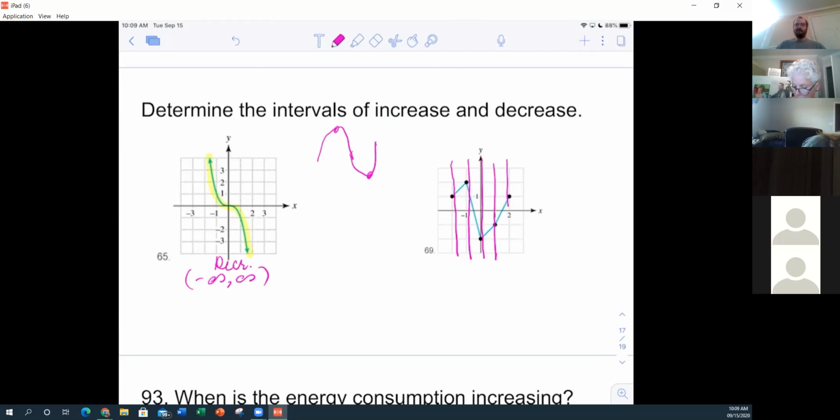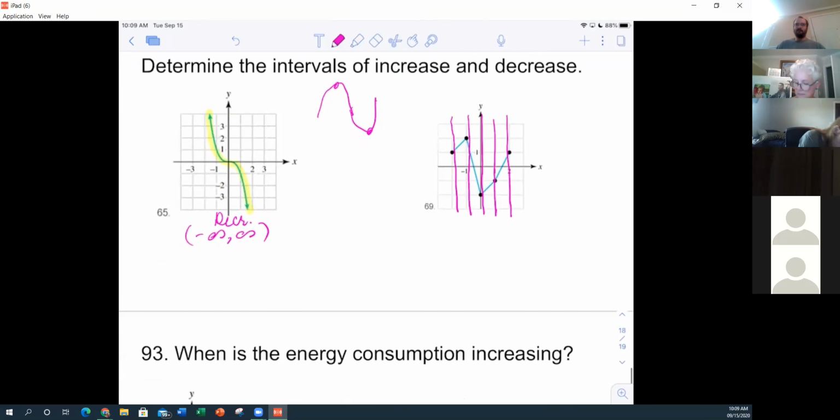Someone tell me the intervals. What's the first interval? -2 to -1, right? Yeah. Okay, and what's the second one?